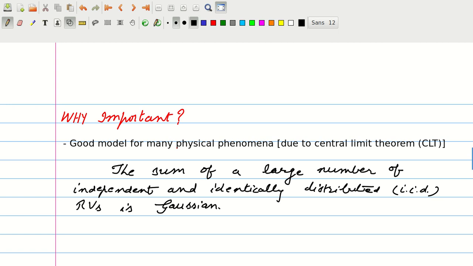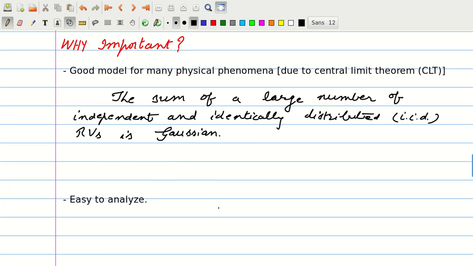We will look at the mathematical form separately, but it may be noted that many physical phenomena which are random in nature can be thought of as the result of a large number of identical and independent random events, and therefore the distribution is Gaussian. A classic example from communications engineering is the thermal noise.